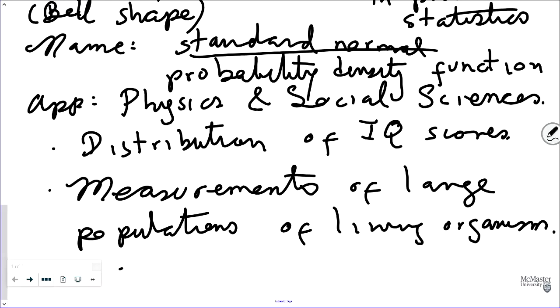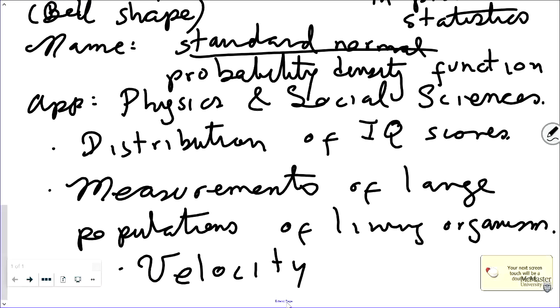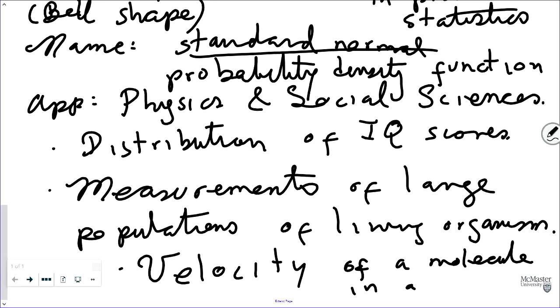Of course, well, for the people who like physics or engineering, this distribution is actually pretty useful when you want to have the probability of a particle in a gas having a given velocity. So this is just for your math culture. The velocity of a molecule in a gas.